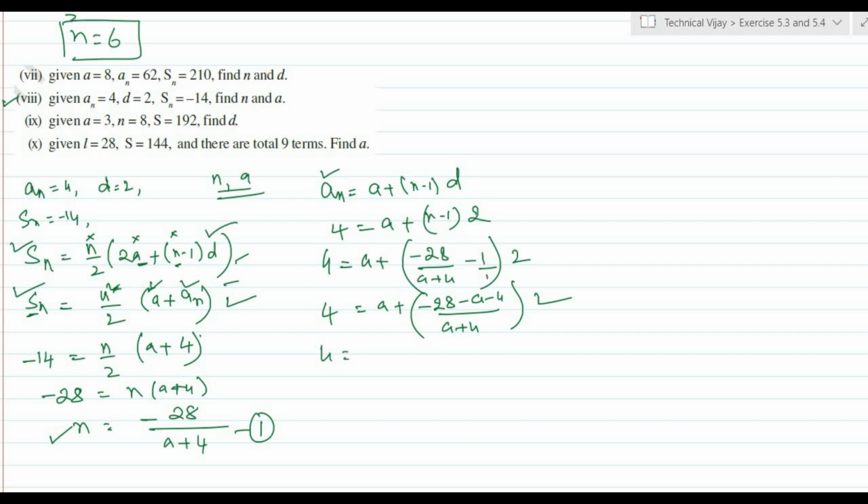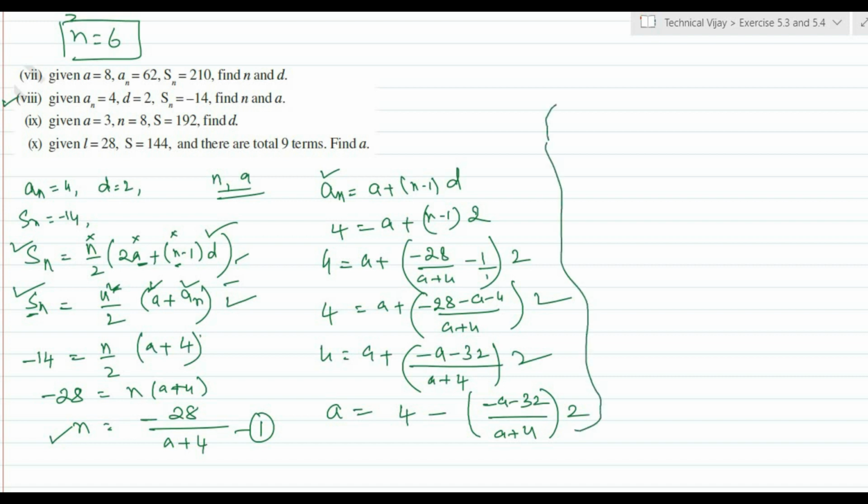So 4 is equal to A plus, here minus A minus 32 divided by A plus 4, into 2. What we can do? We can take A out from this one. A is equal to 4 minus of this whole thing, minus A minus 32 divided by A plus 4, into 2.